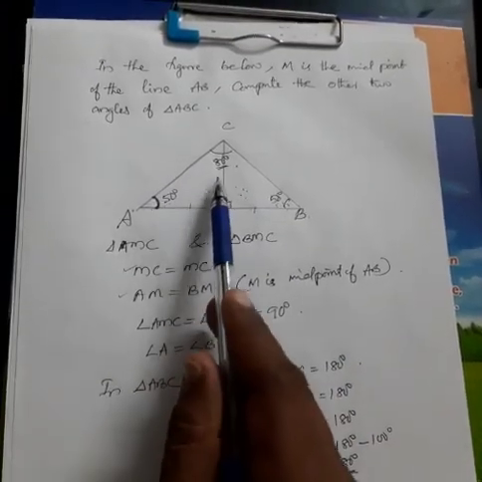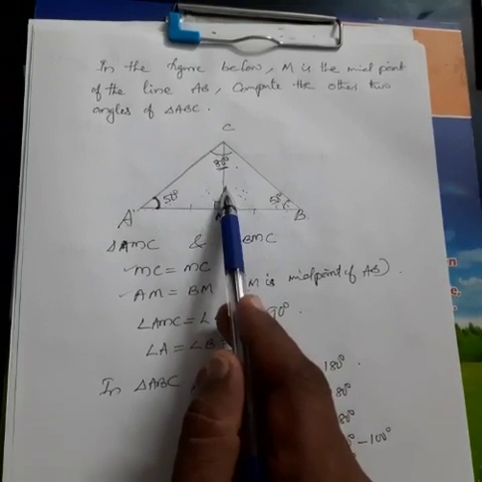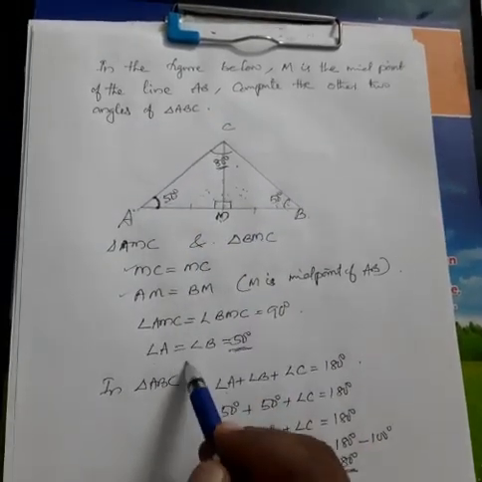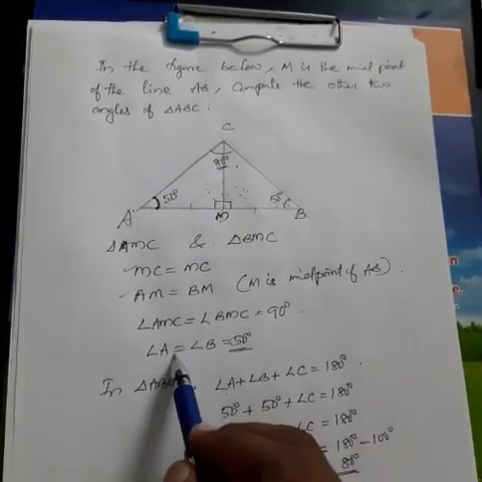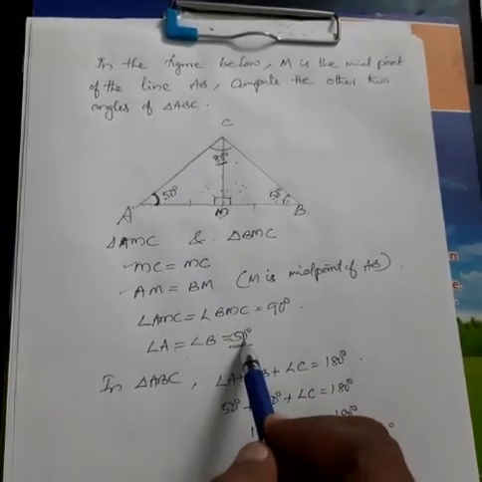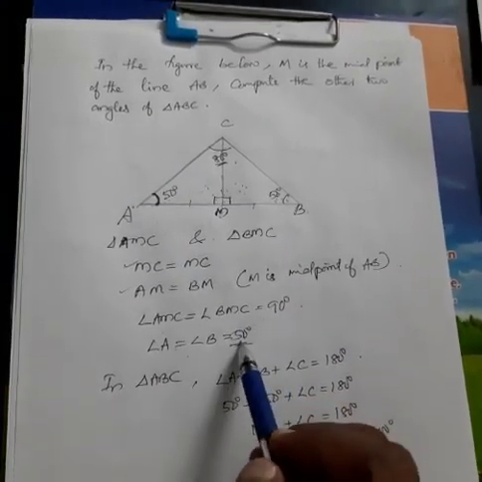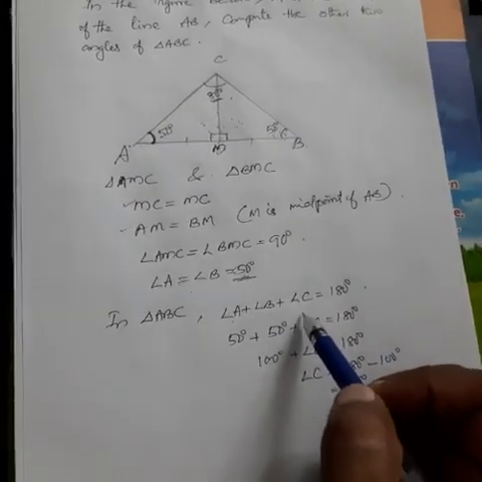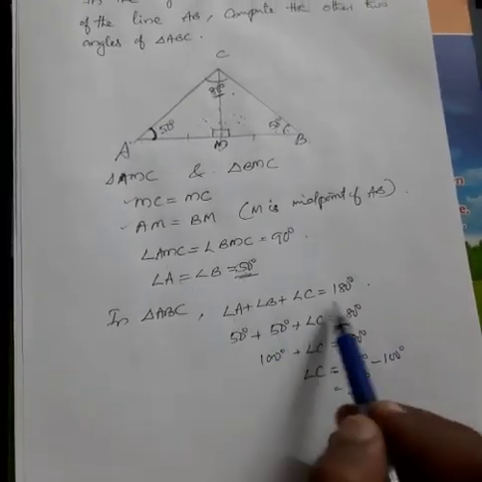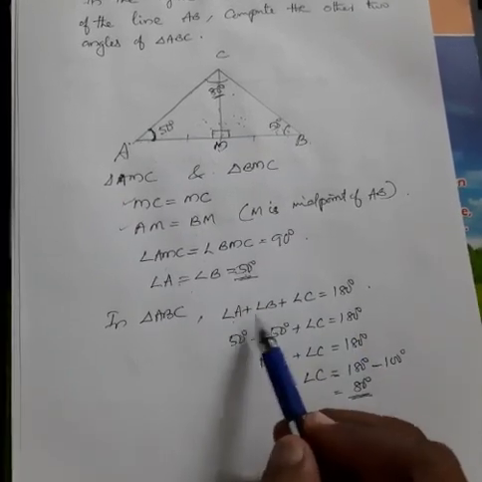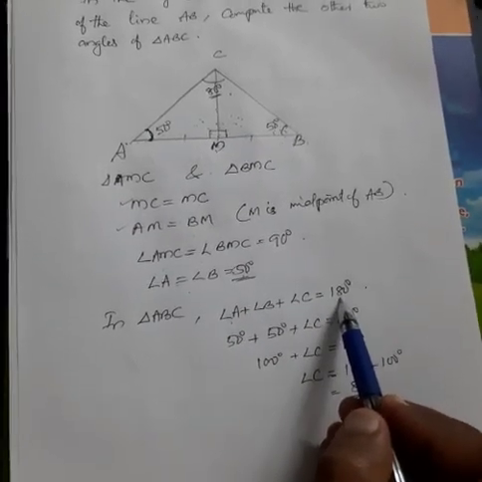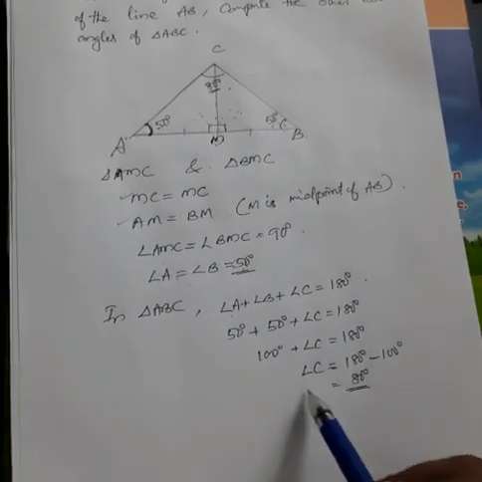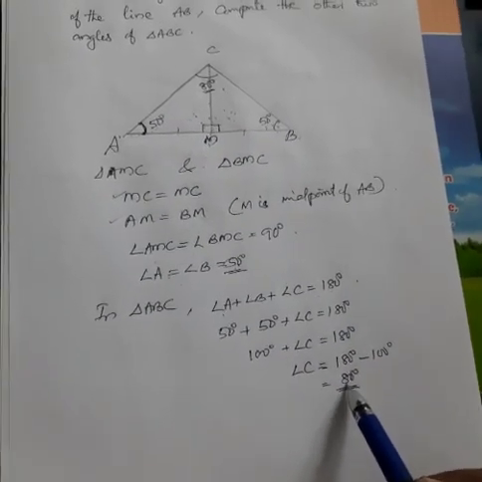Then MC is the common side, opposite angles are equal. So angle A is equal to 50, angle B is also 50. So two angles you got now, angle A and angle B. So to find out angle C, you have to use this one: the sum of all three angles is 180 in a triangle. So from that, angle C you got as 80 degree.